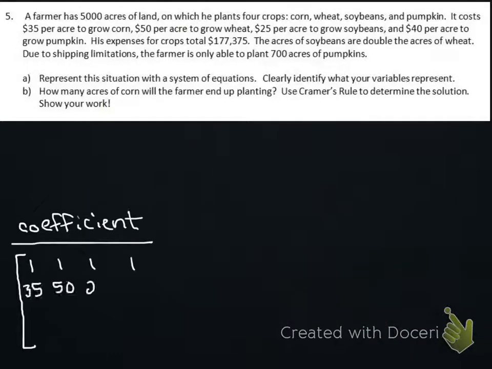Now that we've got our system set up, we can go ahead and figure out what our coefficient matrix looks like. When we're working with Cramer's rule, that's a ratio of the determinants of 2 matrices, where the matrix on the top is the coefficient matrix with the column of the variable that you're solving for replaced by the constants, and the determinant on the bottom is the determinant of just the coefficient matrix by itself.